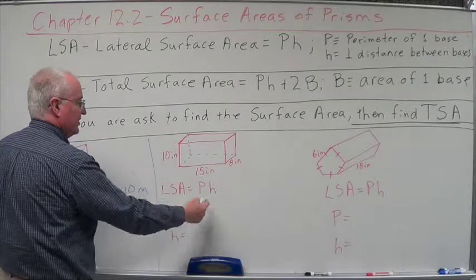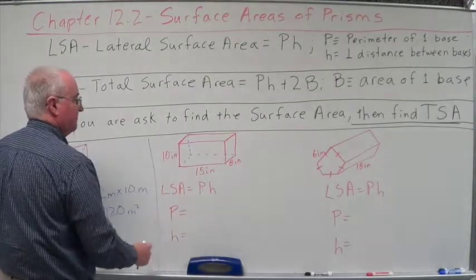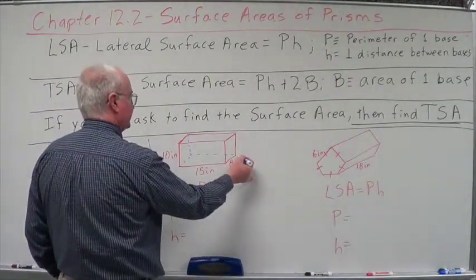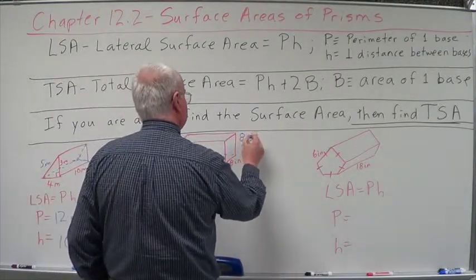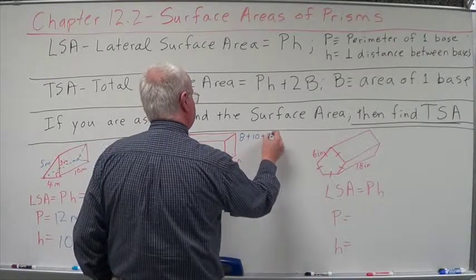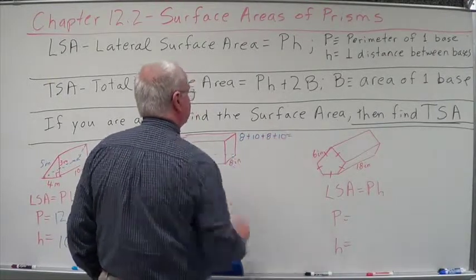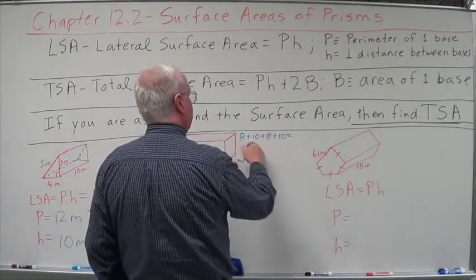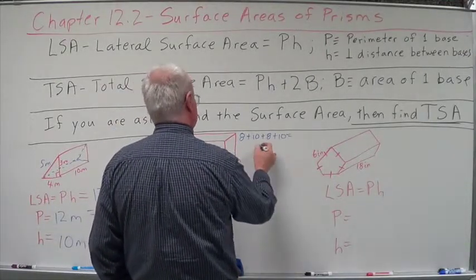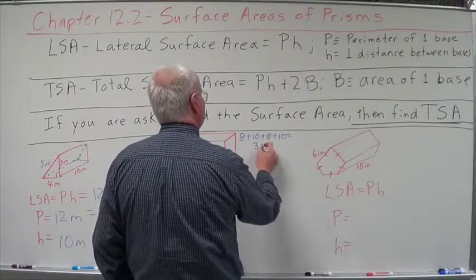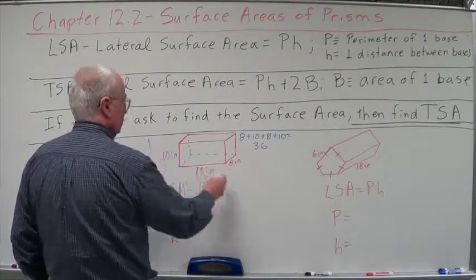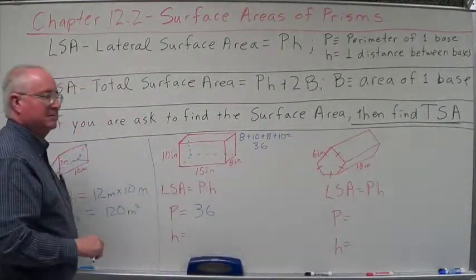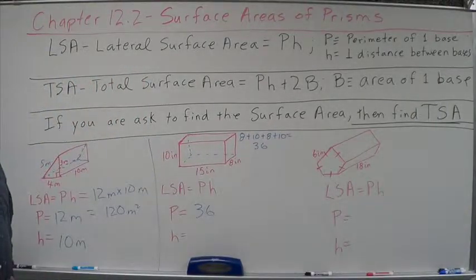Well, what's the lateral surface area? Capital P times H. What's capital P? Well, this is 8, this is 10, this is 8, and this is 10. So I've got 8 plus 10 plus 8 plus 10. 20 plus 16 is 36. So this is 36. Now, since I chose those two as my bases, what's the distance between them? That's my height.